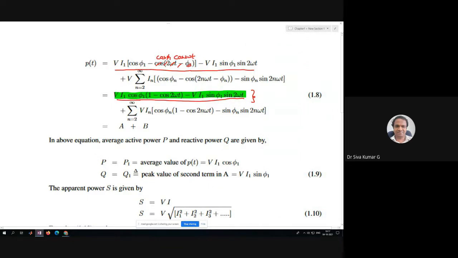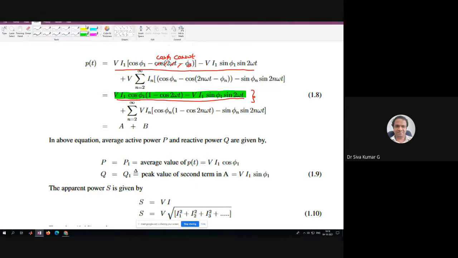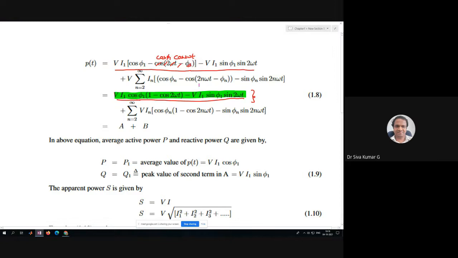And anyway, it looks like the fundamental voltage is interacting with the other harmonics of current. This is also a simple equation, just to alternate it. This equation is also wrong. Please try to verify this equation.